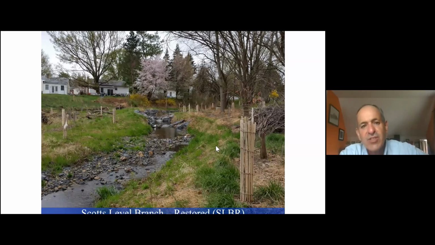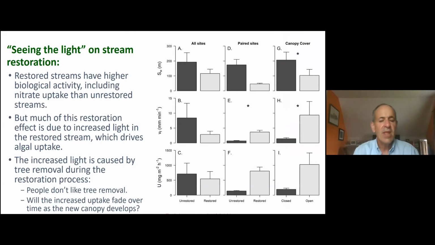This is beautiful restoration. You can see they've planted a bunch of trees. They've made a nice meandering stream. They're under extraordinary pressure to reduce nitrogen loading to the Chesapeake Bay. So they're very interested in making these restored streams have some ability to take up nitrogen. And I'm getting very much to the end, so I've saved my data slide for the end.